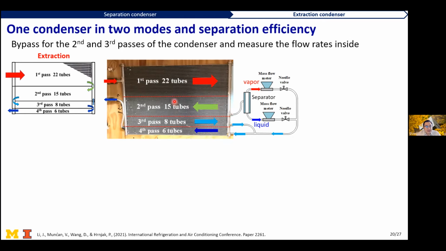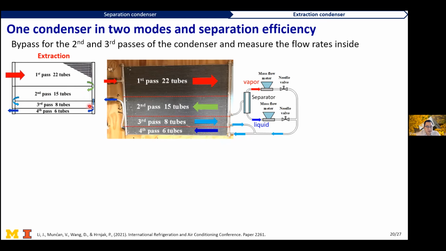So basically, I've been using this same condenser and creating a bypass for the second and the third pass. This is to simulate the extraction hole in the baffle. Essentially, this bypass will recombine with the exit flow from the third pass and enter the fourth pass together.